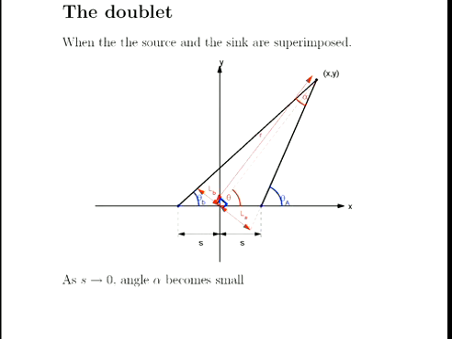But as alpha becomes very, very small, I can make the approximation that these other two angles are also tending towards right angles, but only when alpha becomes very small, when S becomes very small. So with that in mind, and using this small angle approximation, I can just write that.